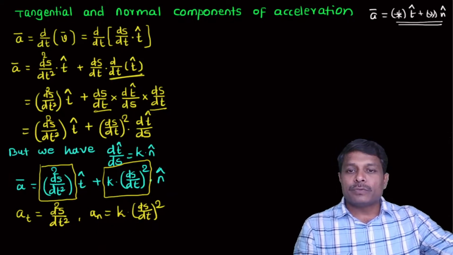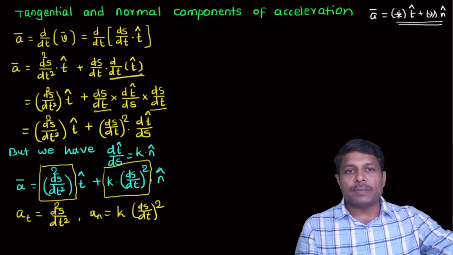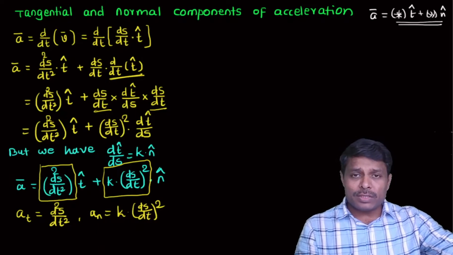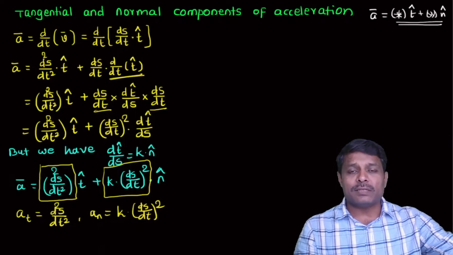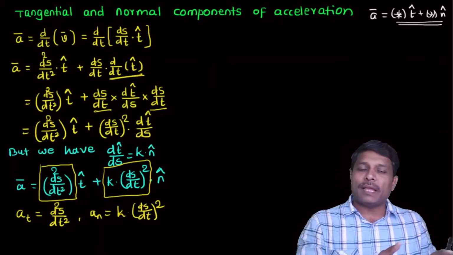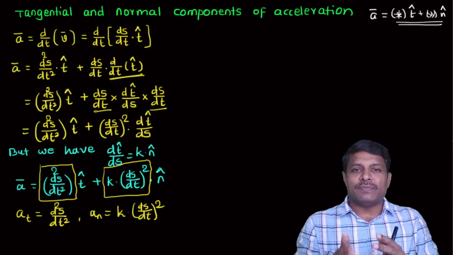So this is the answer. Its meaning is that acceleration may be written in terms of i j, or in terms of t cap and n cap; the expression is the same, but only the components are different.